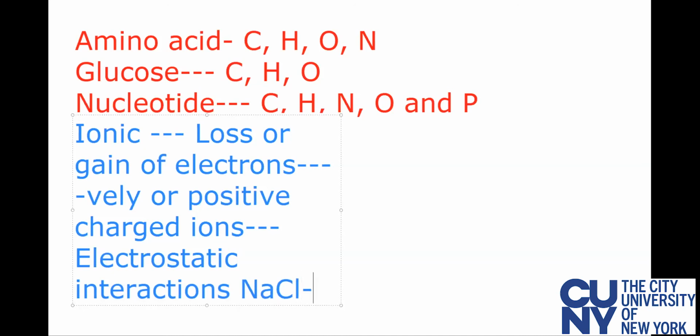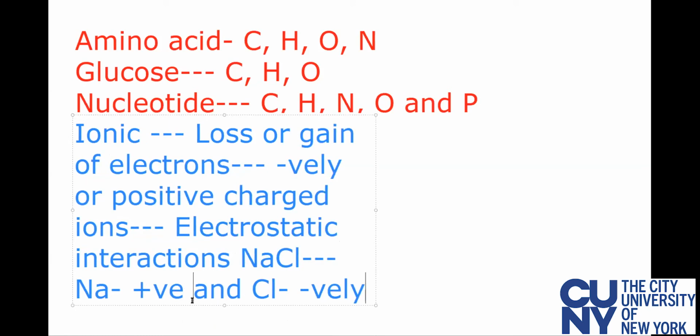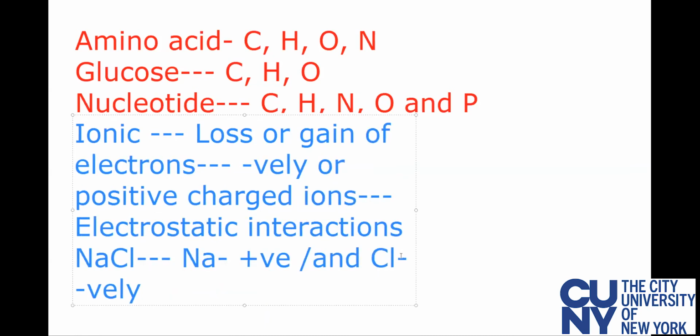Here, sodium is positively charged because it loses an electron. And chlorine gains an electron, so it becomes negatively charged. So they attract each other and they form a bond called an ionic bond.